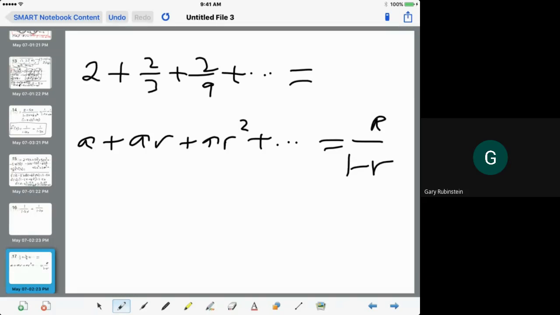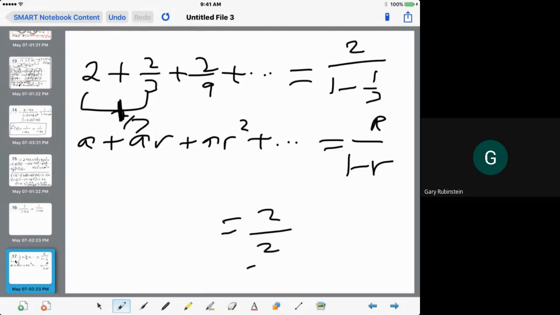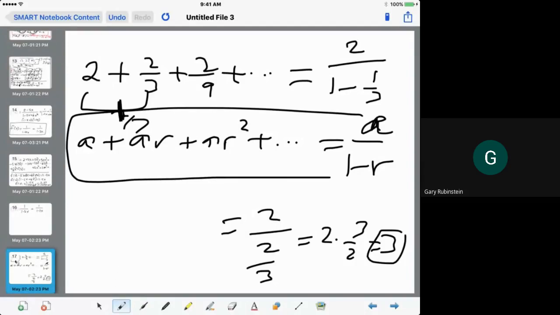Incredible. Infinite geometric series. So A is the first term, R is the common ratio. So 2 over 1 minus, sorry, 1/3 is the common ratio. So 1 minus 1/3 in this case is 2/3, and 2 over 2/3 equals 3. So this formula, A plus AR plus AR squared forever equals A over 1 minus R. Usually we're given an infinite geometric series and we use the formula.